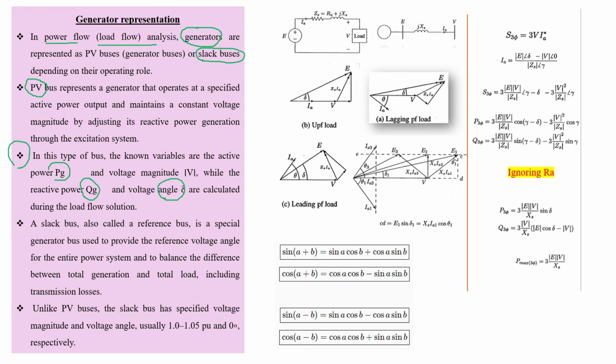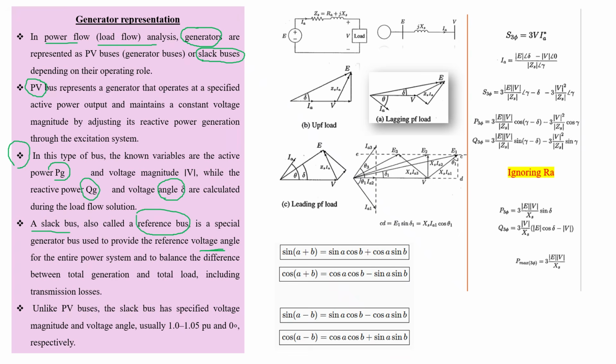A slack bus is also called a reference bus. As I tried to say earlier, it is called a reference bus because the special generator used as a slack bus provides a reference voltage and voltage angle so that the other voltages will be calculated based on this reference.